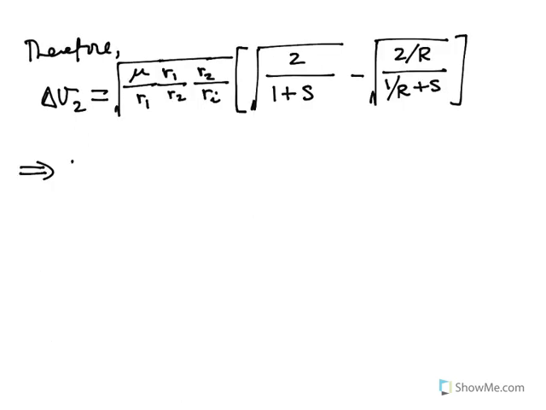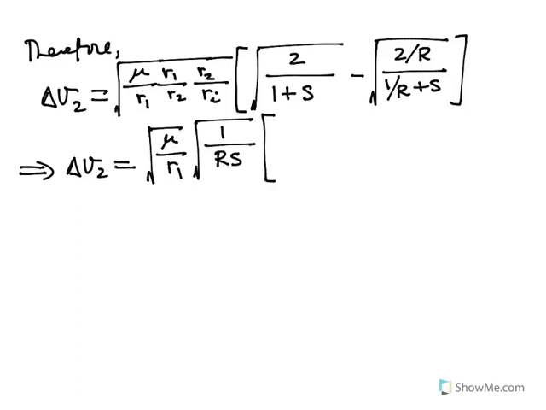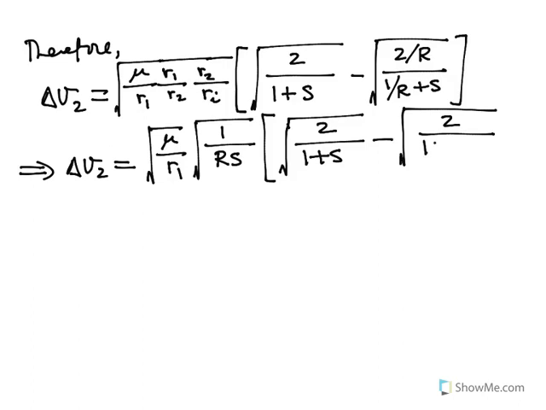So this gives me delta V2 is equal to the square root of mu over R1, and then R1 over R2 is 1 over R, and R2 over Ri is 1 over S. So I get the square root of 1 over Rs, and then the square root of 2 all divided by 1 plus S minus, now what I'm going to do is multiply through by R in numerator and denominator in the second term, and I get the square root of 2 all divided by 1 plus Rs.